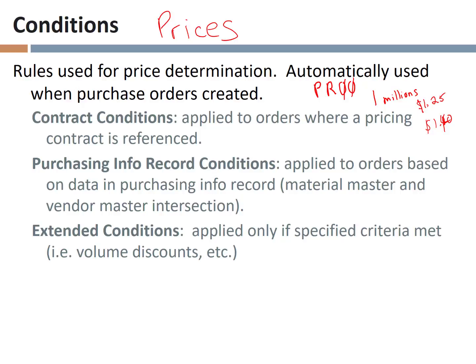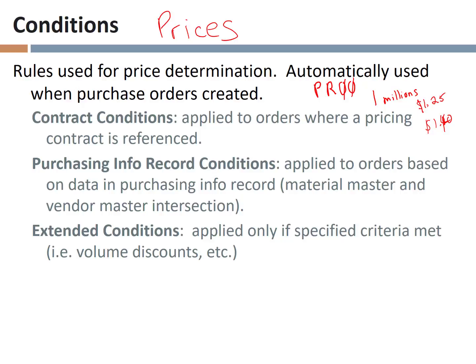We also have what would be considered extended conditions, which are applied only if certain criteria are met. Maybe we calculate the price, but there's another condition that comes into play where they say, since you've bought this much, you also qualify for this discount. You could have multiple pricing rules that all contribute to the price you're actually going to pay.